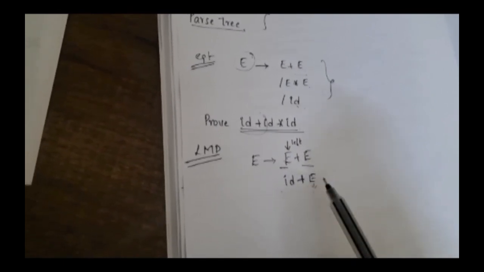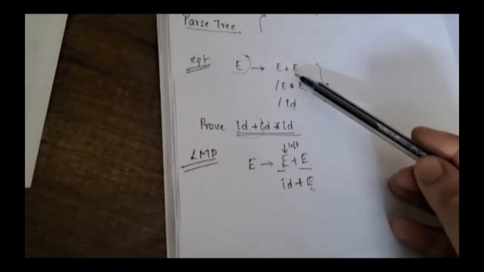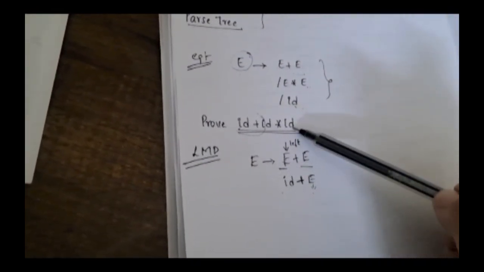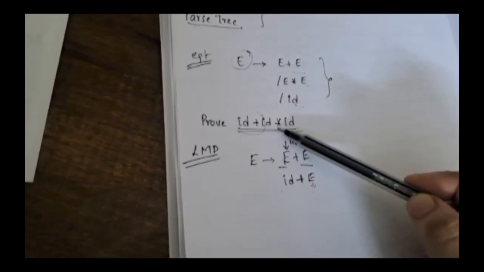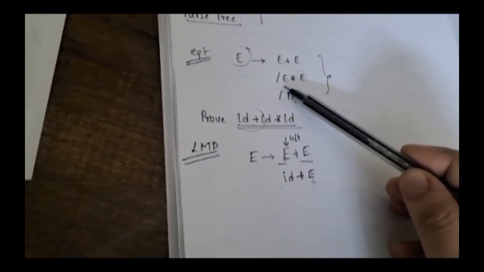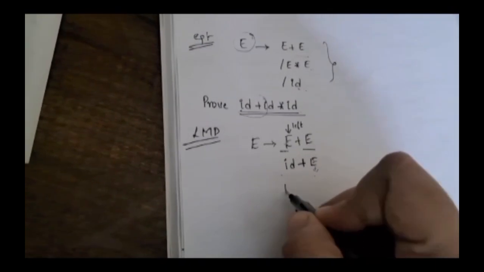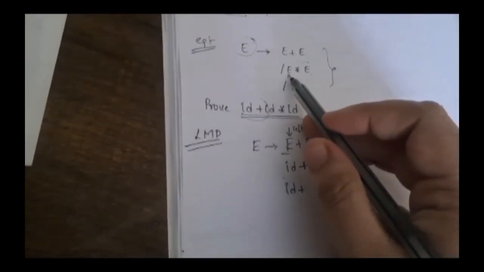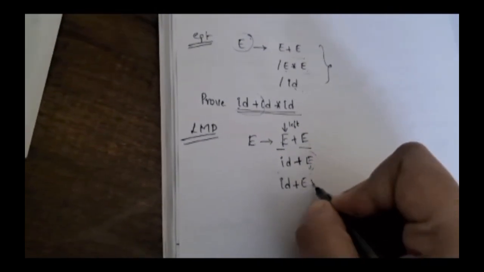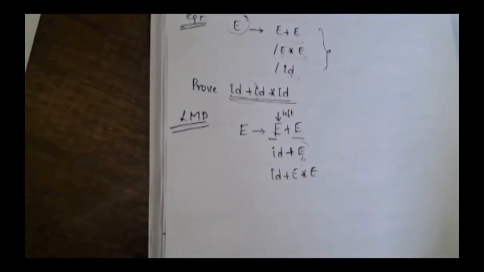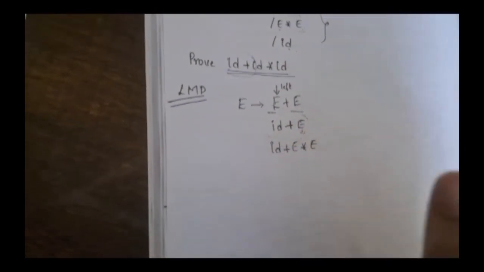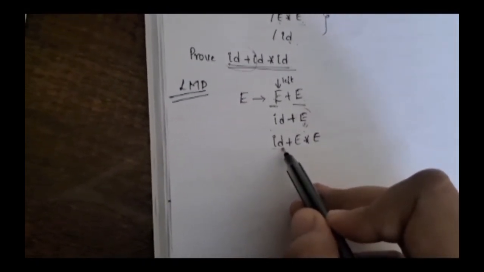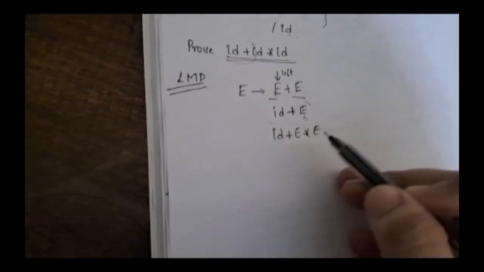So in this place, what best among these three can I take so that I will get this as a result? I want the multiplication symbol, so I will definitely choose this line. So I'll write ID plus, and in the place of E, I will substitute E star E. Now in the leftmost side, I have ID, which I can't derive further.